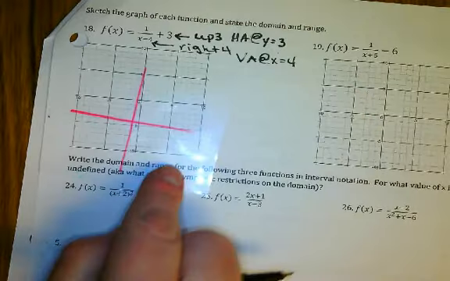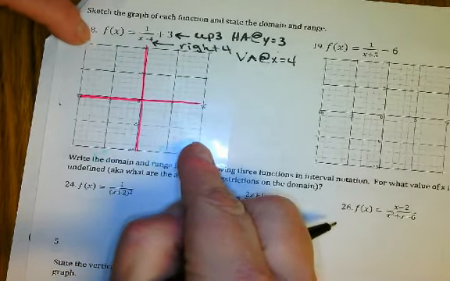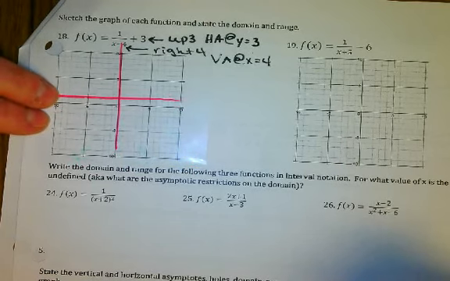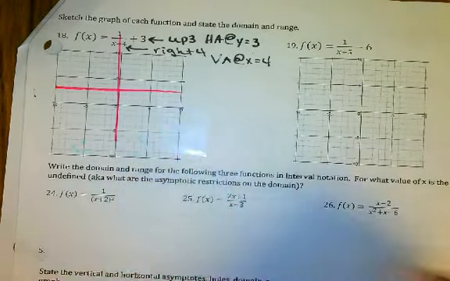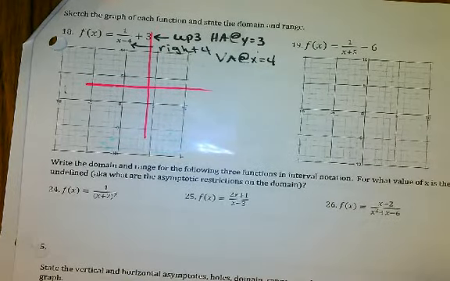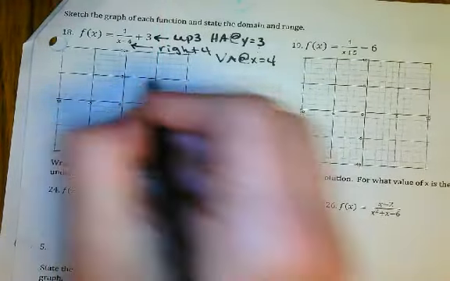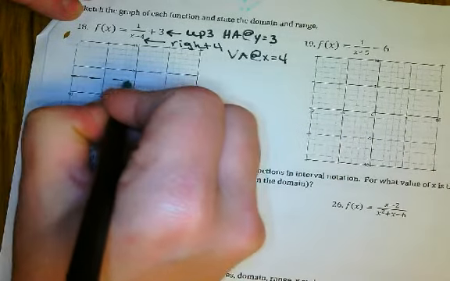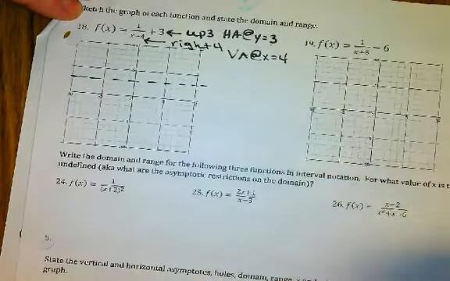So again, if you go back to using this, I'm going to start where my asymptotes are at the parent function. And then I'm going to move it up 3. So 1, 2, 3. And then I move it right 4. And so it's right there. Okay, so that's where I want to draw my asymptotes. Alright, that's my horizontal one.